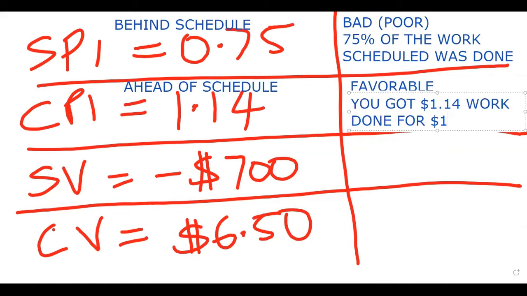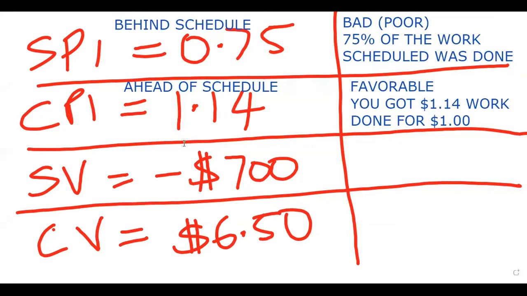That is not bad, is it? It's not bad. However, if you work for certain bosses, they would say, how did you get so much done for $1? What did you do in your estimate? Did you pad? Did you tell us it will cost more when you really knew it would cost less? So you got to be careful in the real world, especially working with government. If you look too good, you're going to be in trouble. They're going to rattle your chain a little bit.